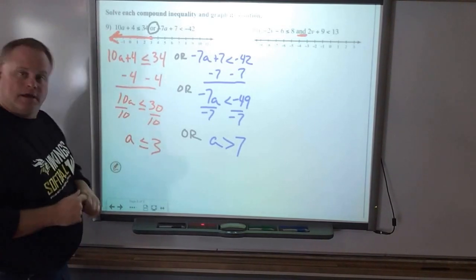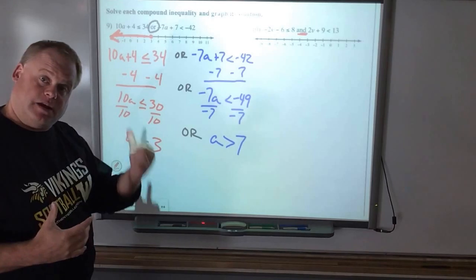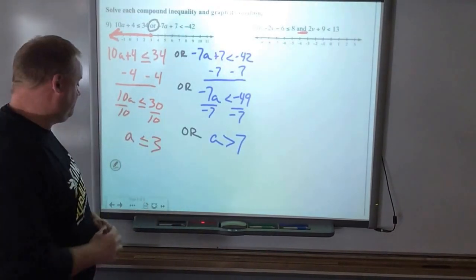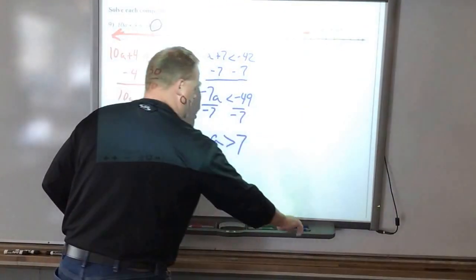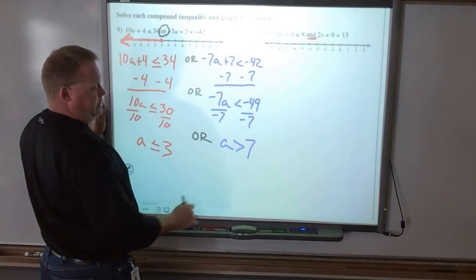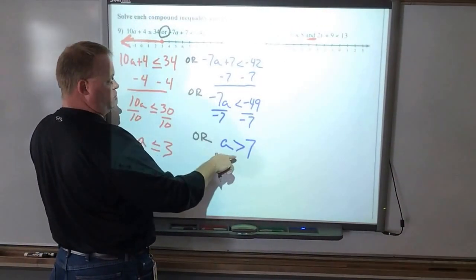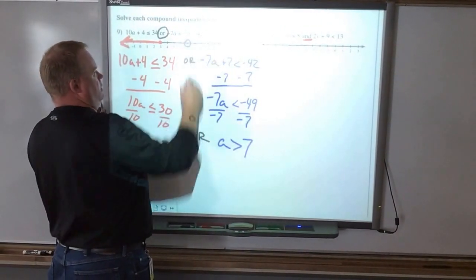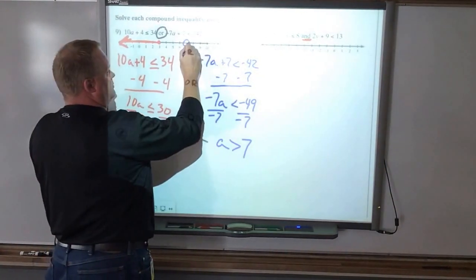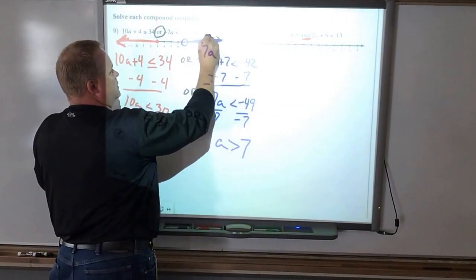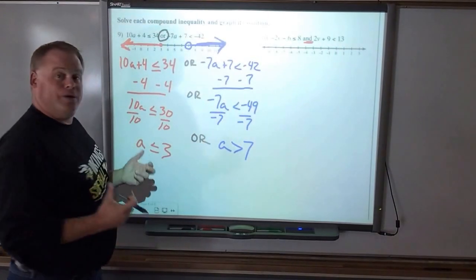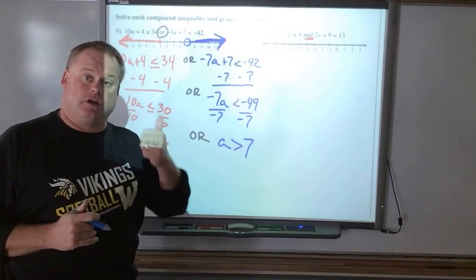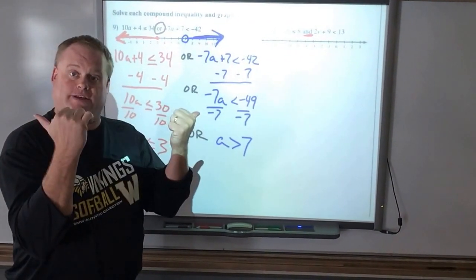That goes along with the idea I already talked about, an either-or, right? Now, this one is just greater than, so it's going to be an open circle at 7. But it's greater than, so I'm going this direction. Our graph ended up going exactly like I said it would. It's going to go this way or this way.